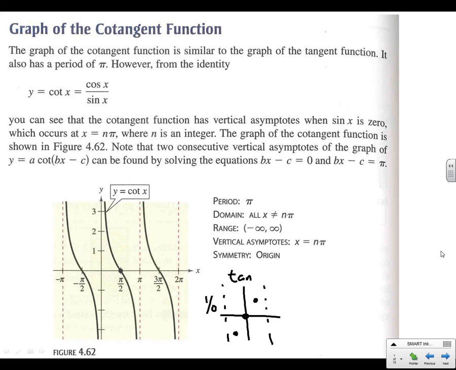So if you flip that over, you're going to get 0. So you'll notice that this was pi over 2. At -pi over 2, instead of an asymptote, now we have a 0. At 0, if we flipped 0 over, we would be undefined. So at 0 here, can't see it because it's on the y-axis, but we've got an asymptote.